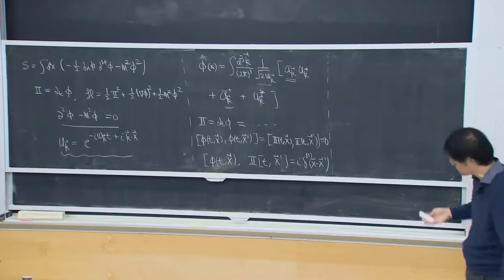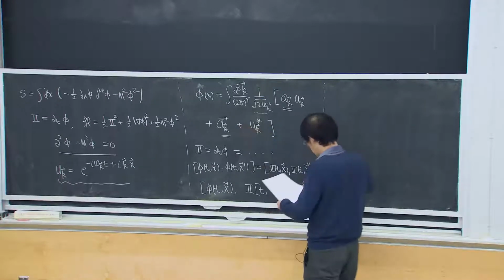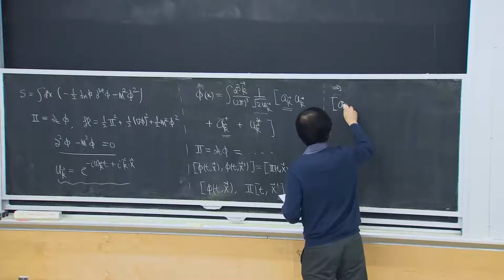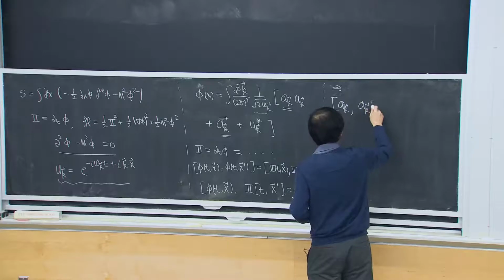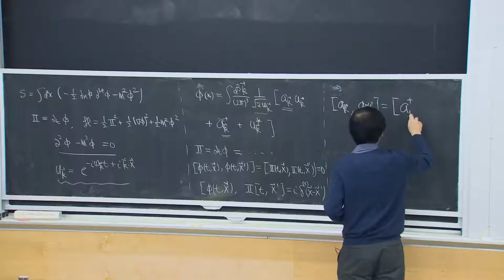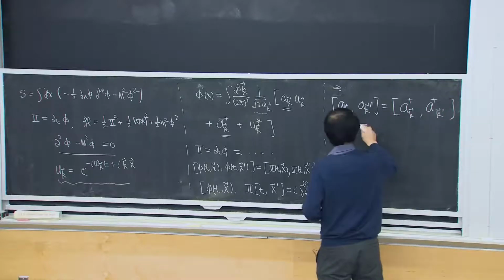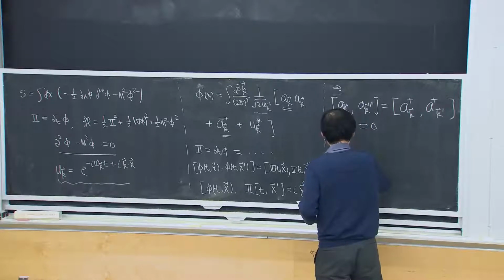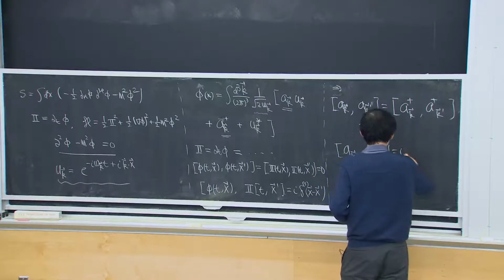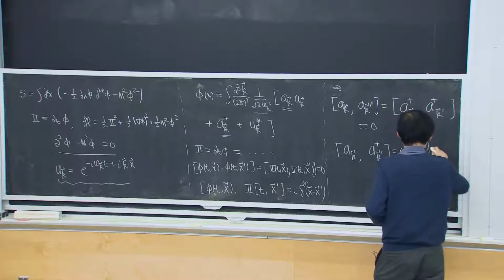Okay, and so when you plug them in, then you find the commutation relation between a_k and a dagger, and you find that a_k and a_k prime equal to a dagger k and a dagger k prime is equal to 0, and a_k and a_k prime dagger is equal to a delta function in the wave space. Okay.